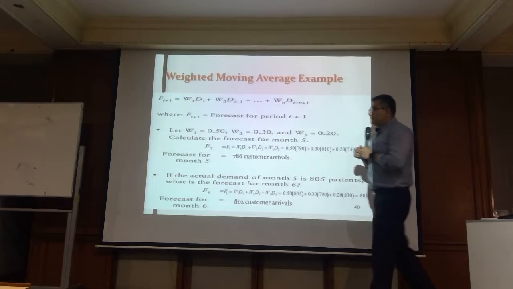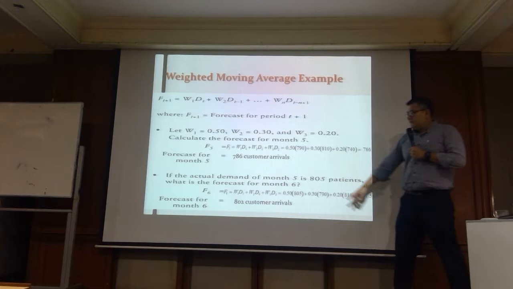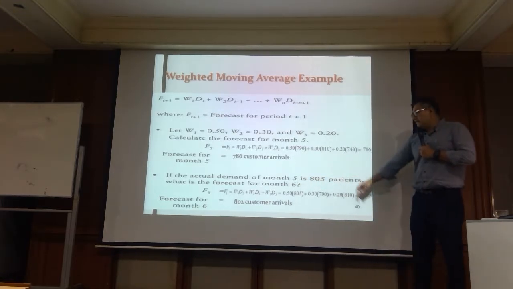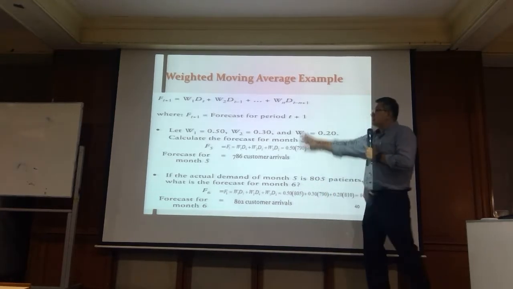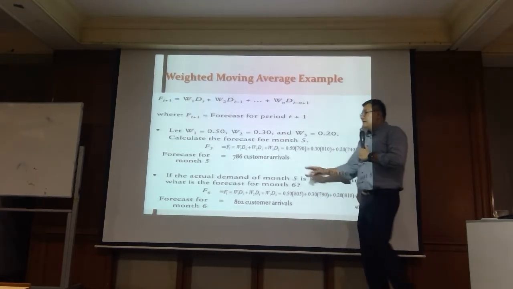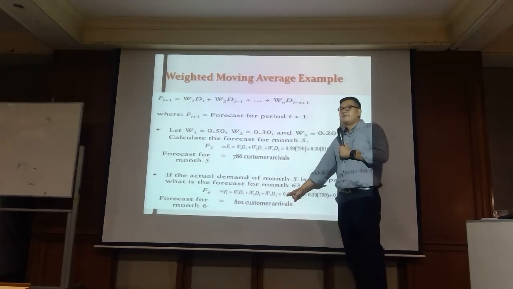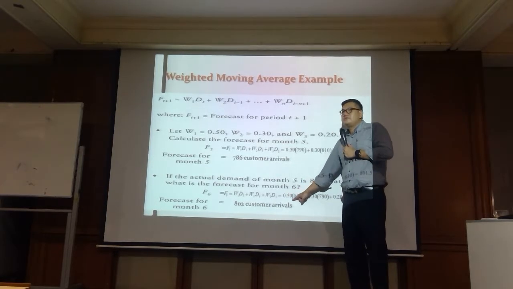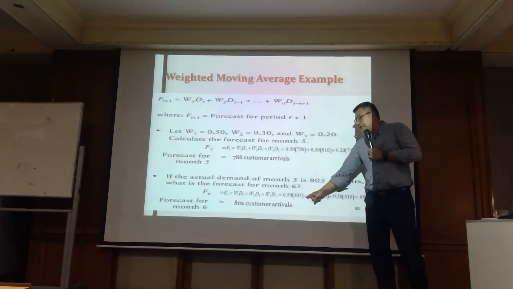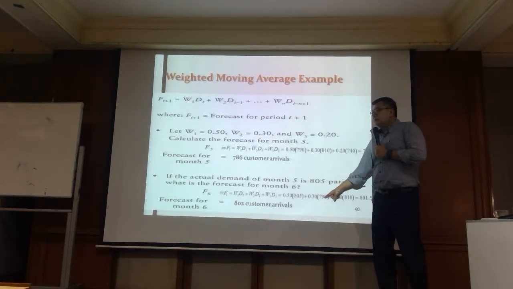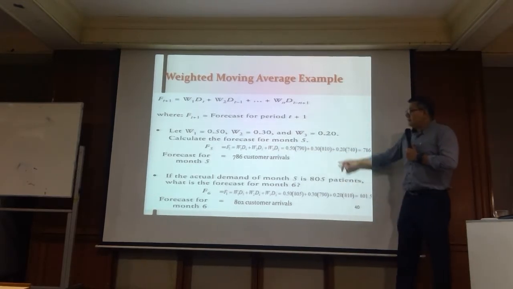Again, if we suppose that the actual demand for month number 5 is 805, what would be the forecast value for month number 6 using the same way? The forecast for month number 6 equals 0.5 multiplied with the actual value of month number 5, which is 805, plus 0.3 multiplied with the next period, 790, plus 0.2 multiplied with 810.